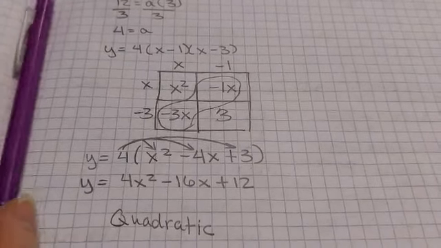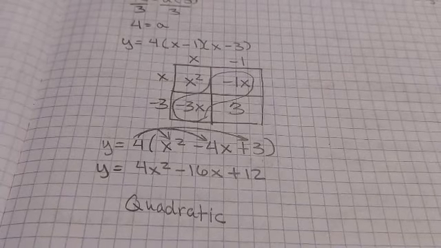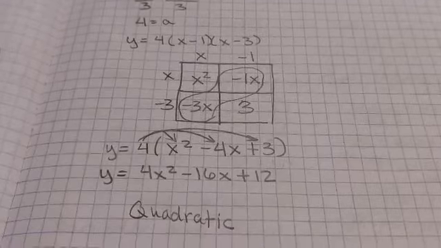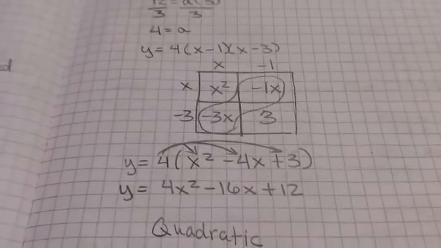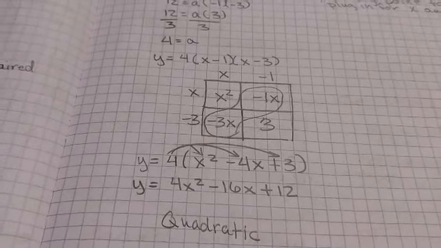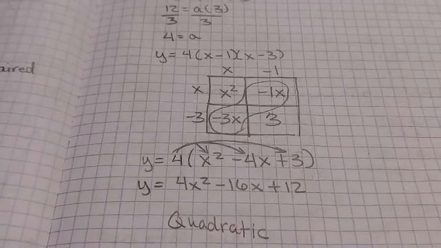You should also be able to tell from a table whether it's linear, exponential, or quadratic. You should also be able to come up with the equation if you have a table. So that is the end of notes for section 3.7.